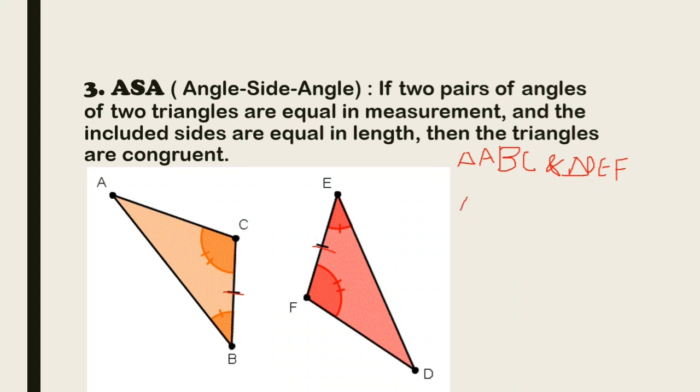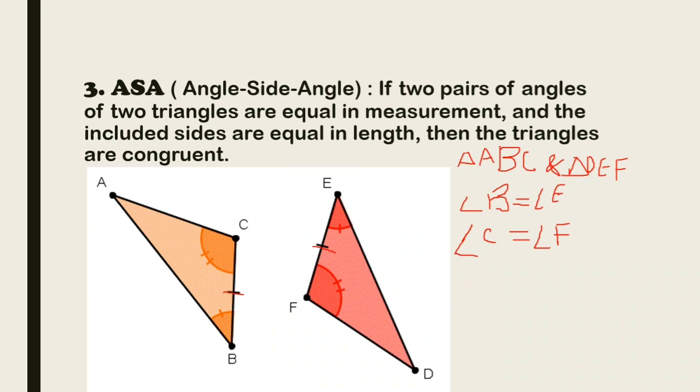So angle B is equal to angle E. Angle C of triangle ABC is equal to angle F. And the included side between angle B and C is side BC.